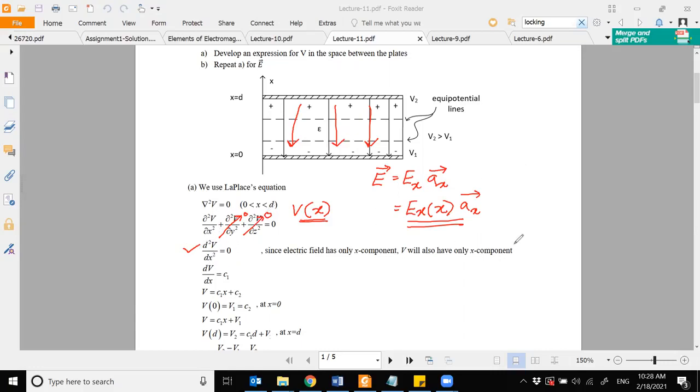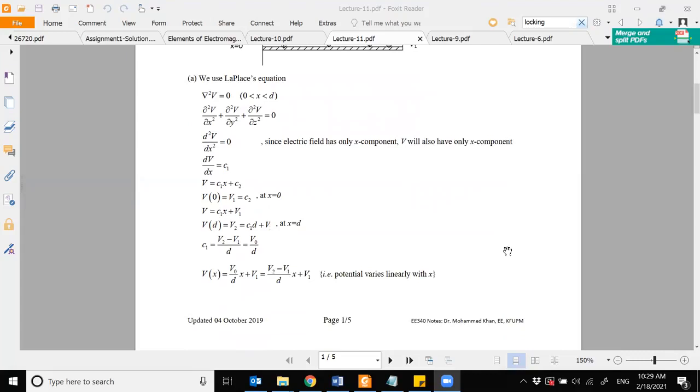Now, how do you solve this? Do the integration twice. Once you do the integration twice, you will get the constants, and then we use the boundary conditions to solve for the constants. So integrating it the first time, you will get dV over dx is equal to a constant c1.